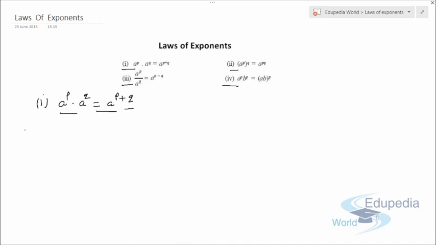First of all, let me tell you what is base and what is power or exponent. Okay, suppose we have a number written like this, 2 raised to power 3. You must have done in 8th standard also that this 2 raised to power 3 can be written as 2 into 2 into 2.